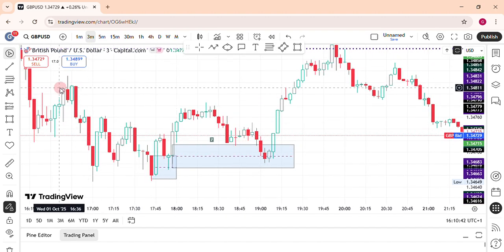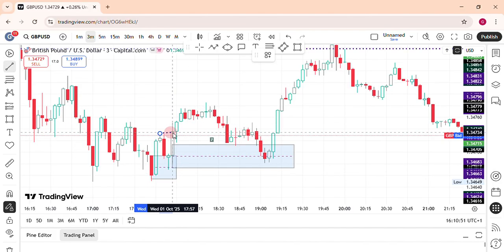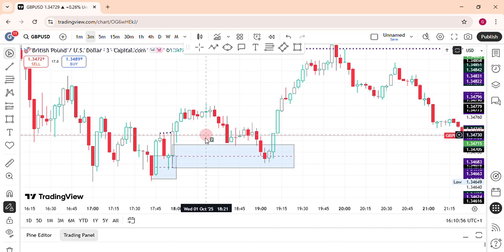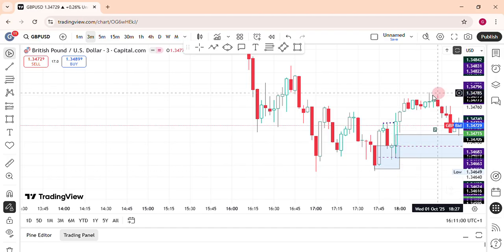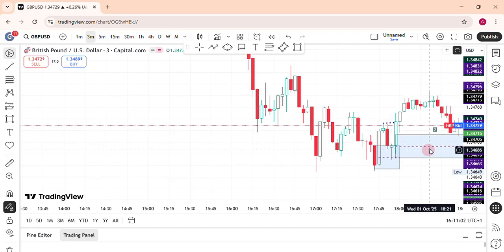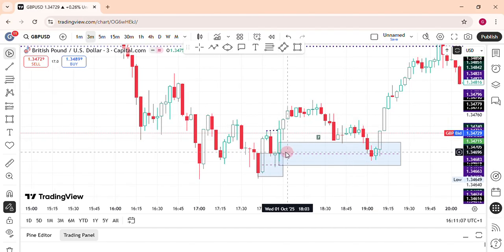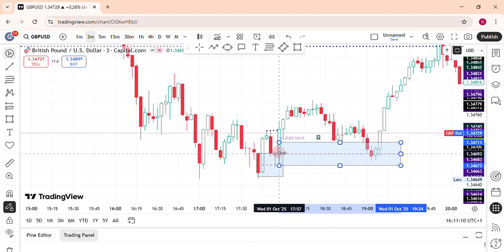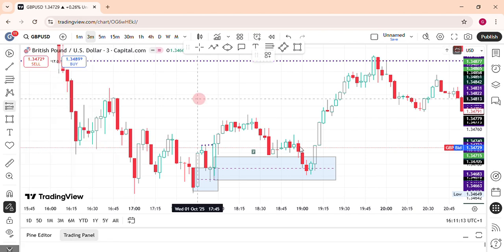So first of all, as usual, our first fair value gap, we must make sure price taps into it, bounces off from it, and gives us a break of market structure. That said, now we have a fair setup here. So we'll wait for price to tap into it, just like so. Price comes to tap into this fair value gap here, and the next thing is a push to the upside, confirming our entry.